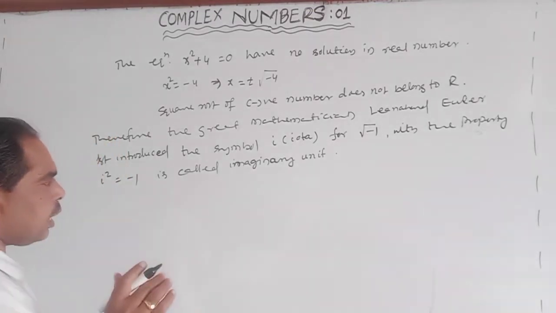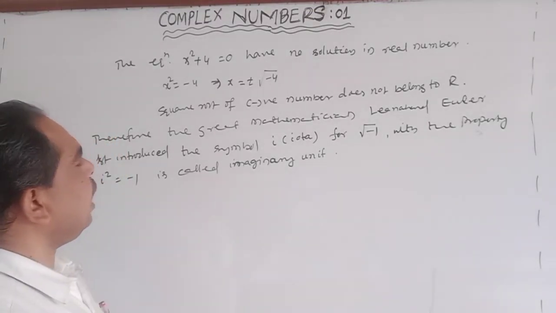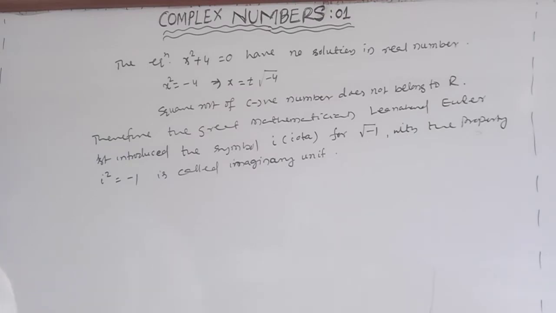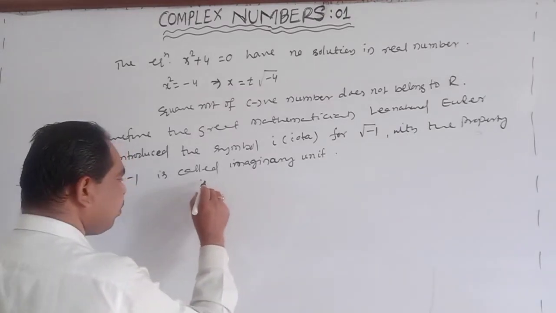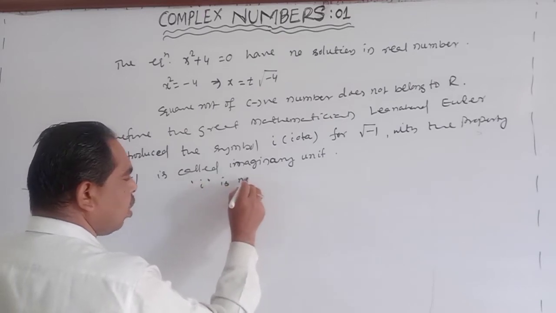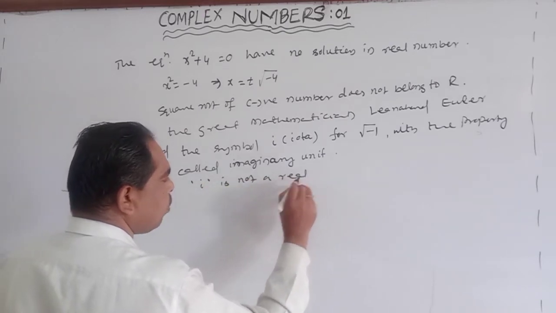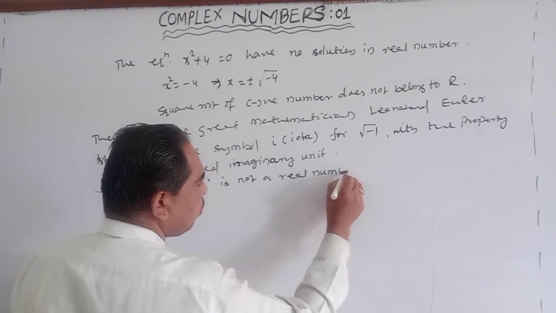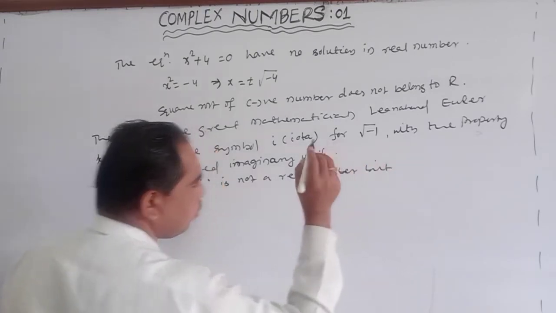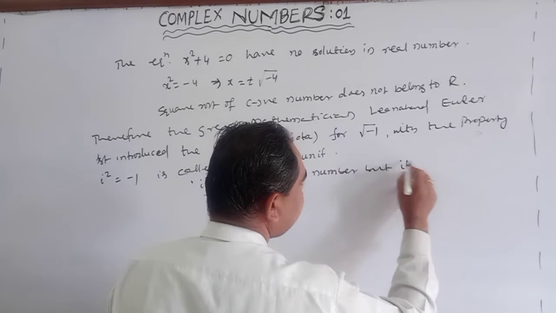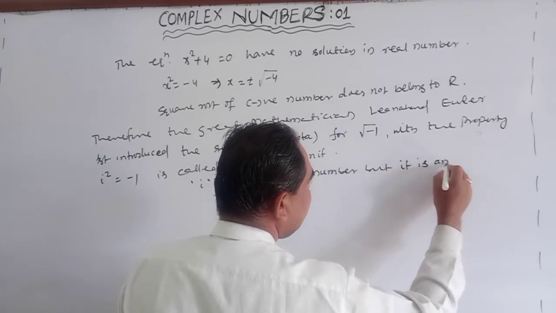i is an imaginary number. i is not a real number, but it is an imaginary unit.